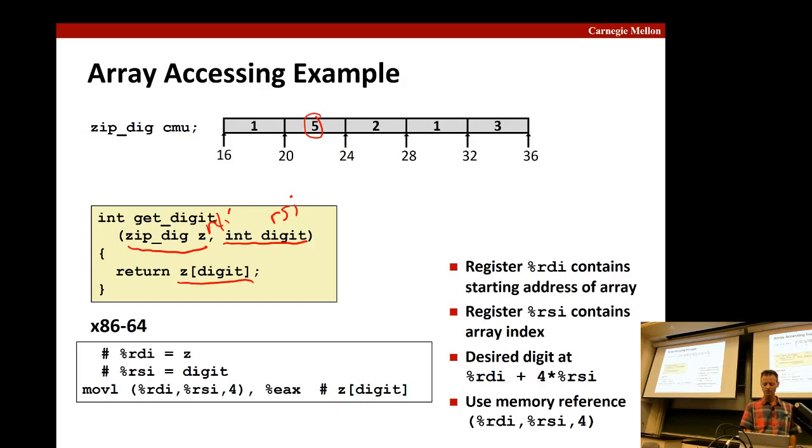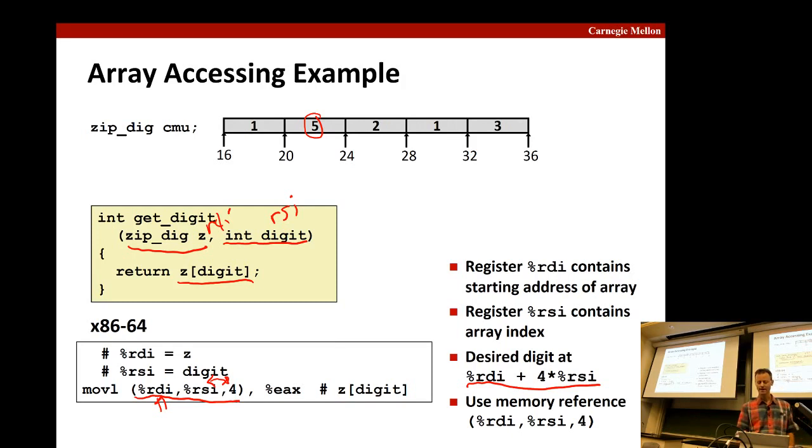In order to extract that digit out, you'd have this code here. So what is this doing? If you recall, you take the product of these two, so this computes what's shown here: RDI plus 4 times RSI.